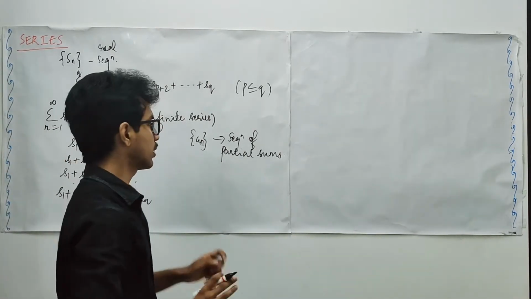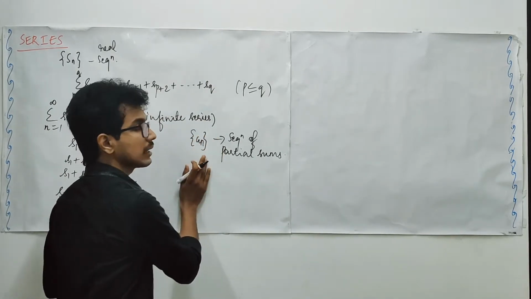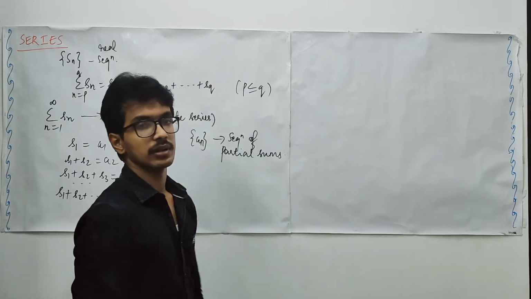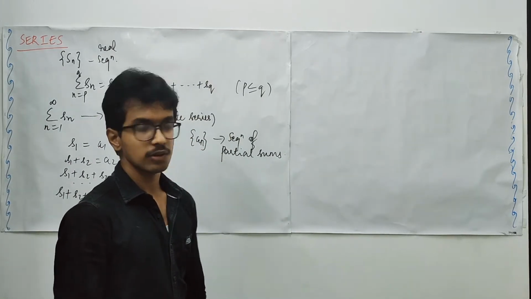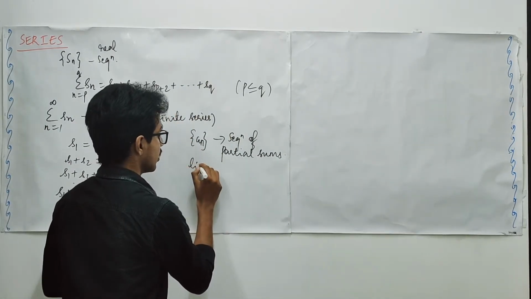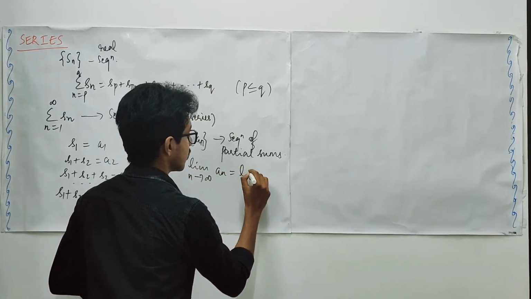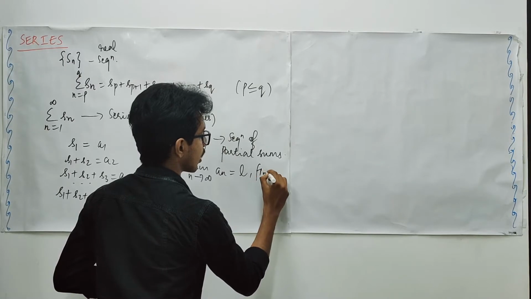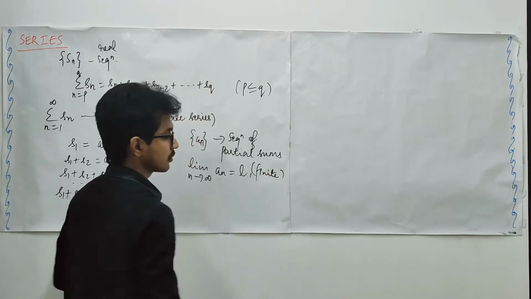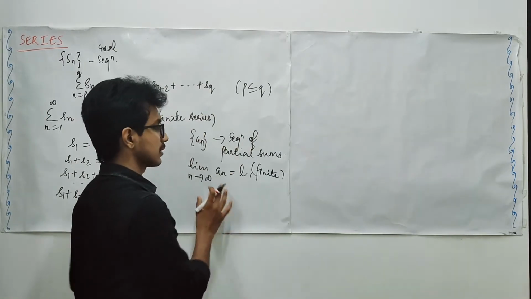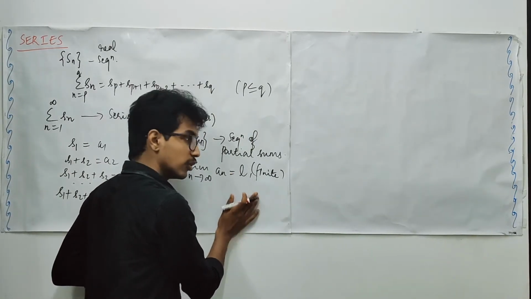You just forget about that and look at it plainly as a sequence and try to examine the convergence of this sequence. What will we do? We will check whether the limit as n approaches infinity of An is some finite value or not. This is what we check to determine the convergence of a sequence. The same thing we have to do here.